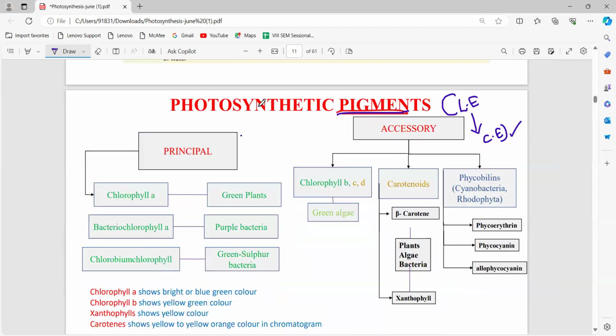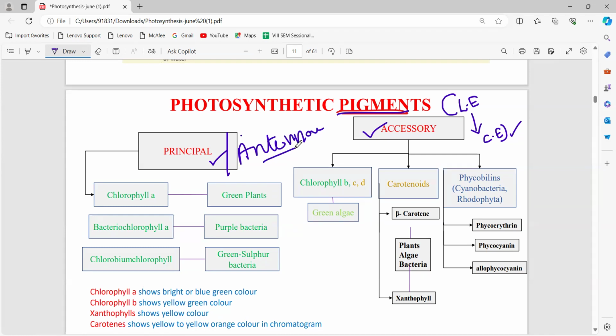They'll ask a very simple question, but if you don't know the concept, you'll answer it wrong. So all the photosynthetic pigments are broadly categorized into principal pigments and then accessory pigments.